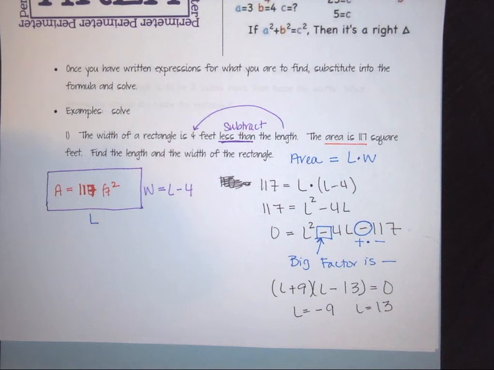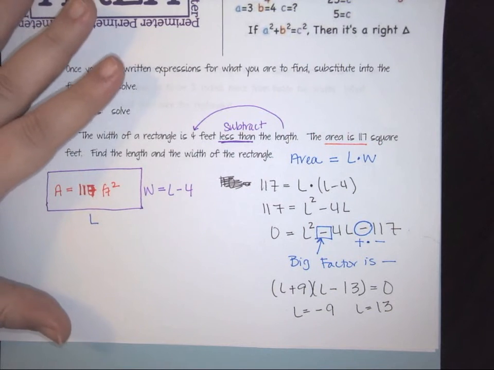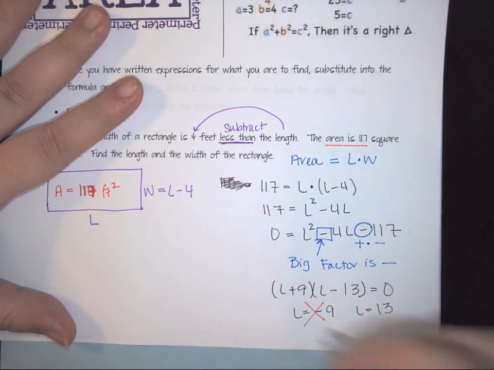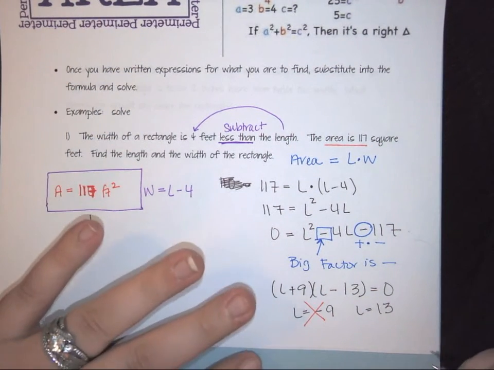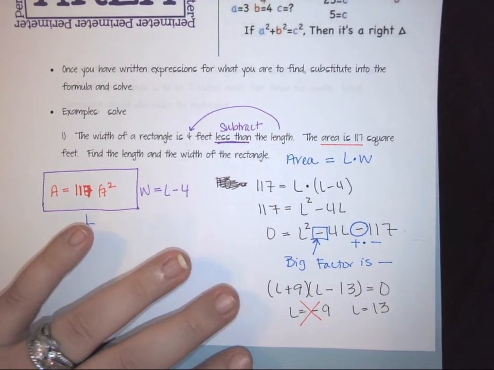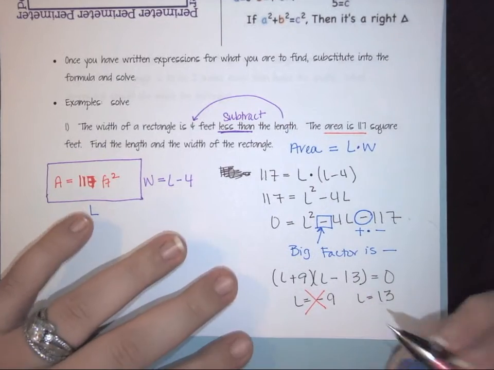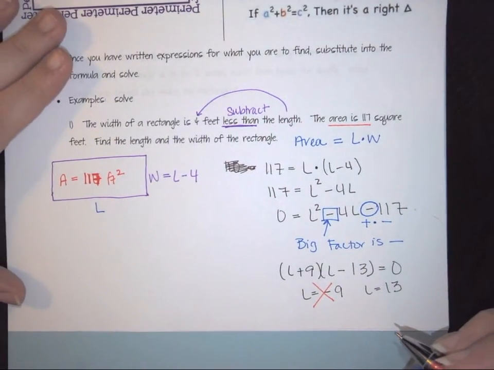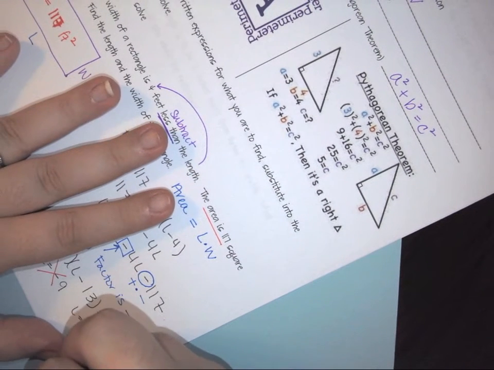Now think about length for a minute. When we're talking about length of anything, it must be positive. Okay? So when we are talking about, say, units of measure must be positive. Okay, so let me make that note here for you.